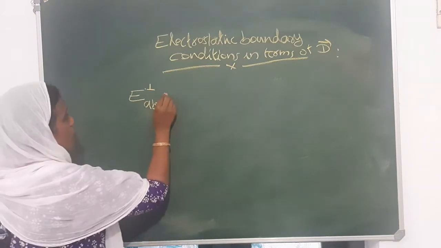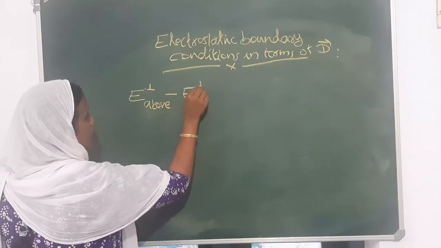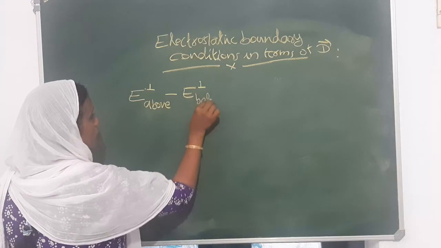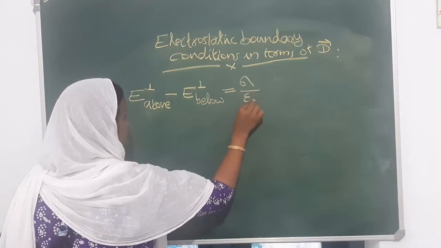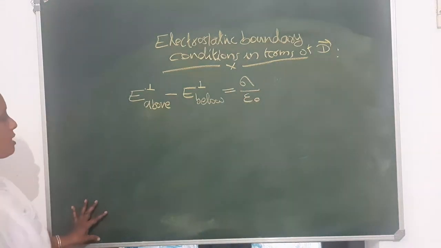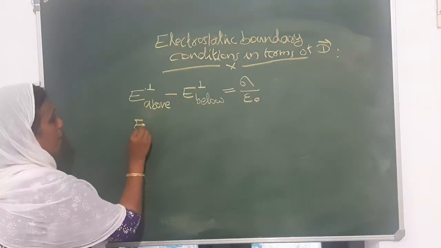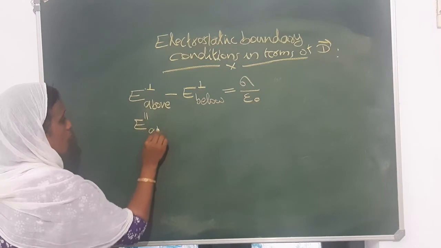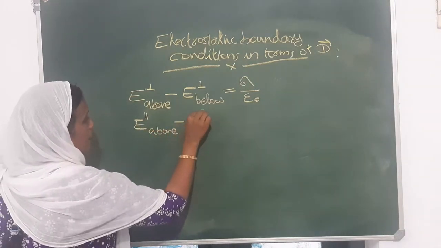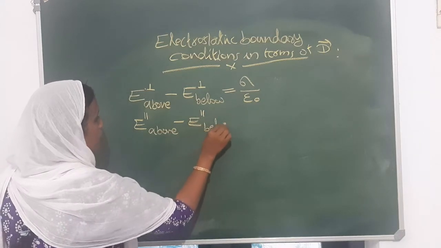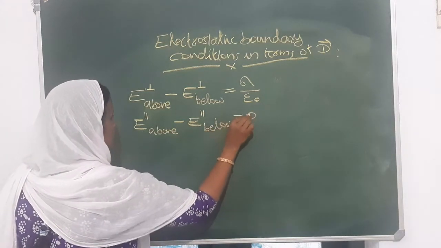E perpendicular above minus E perpendicular below is equal to sigma by epsilon 0. Similarly, E parallel above minus E parallel below is equal to 0.